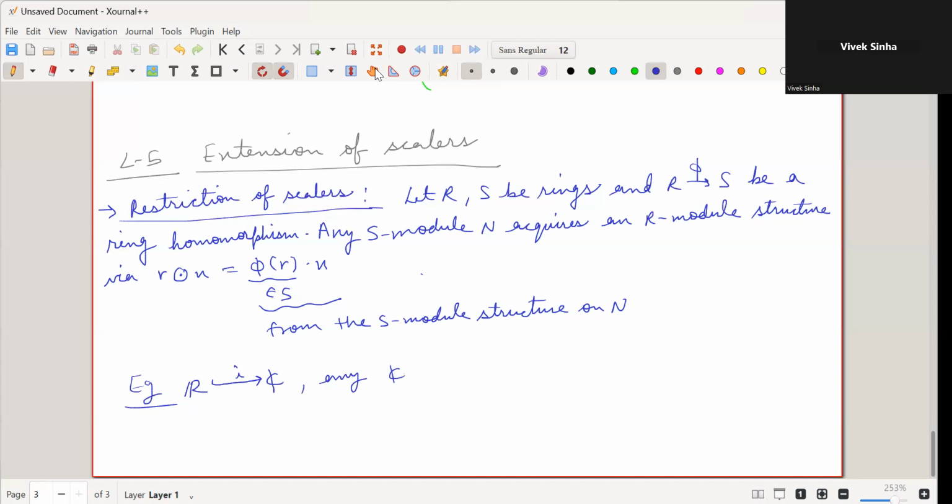So any C vector space, R is also a field, so here also the module is a vector space, can be viewed as an R vector space, which is true, right? Okay. So from here the natural question comes: what about extension of scalars?